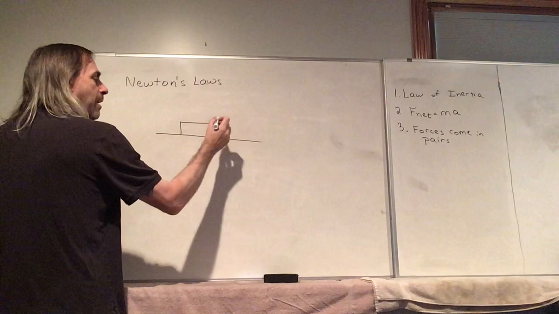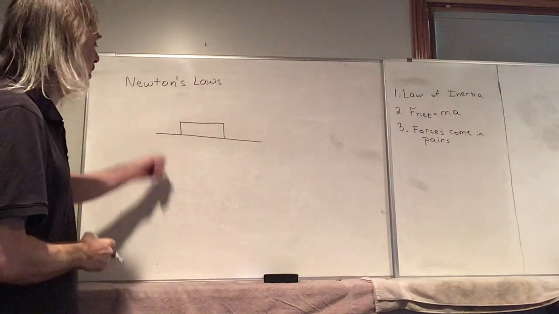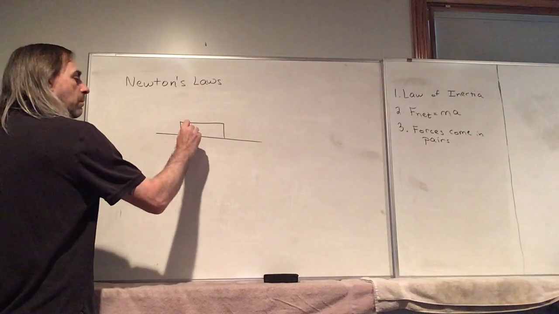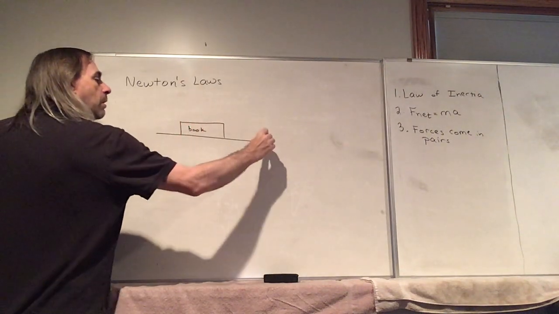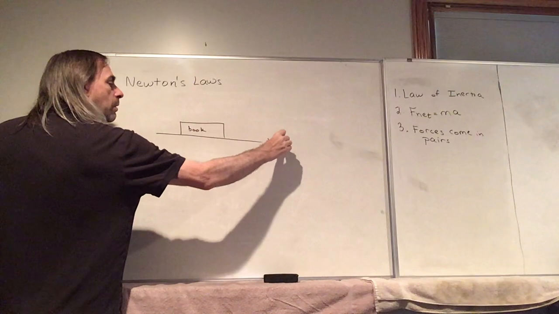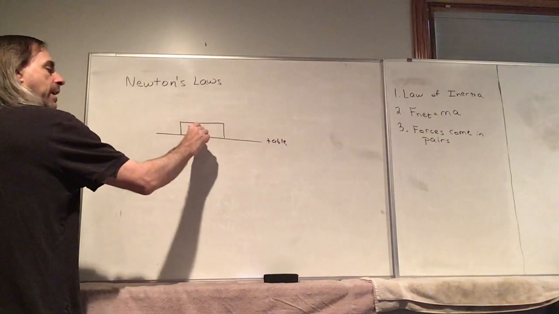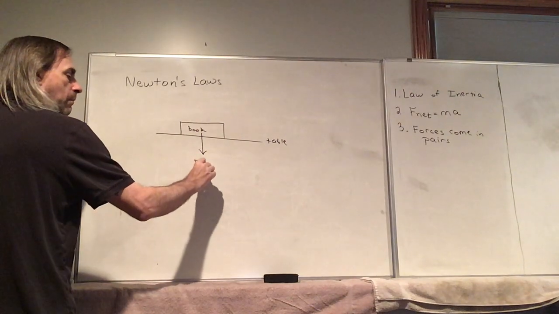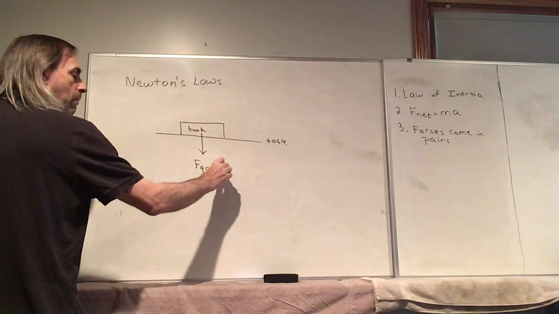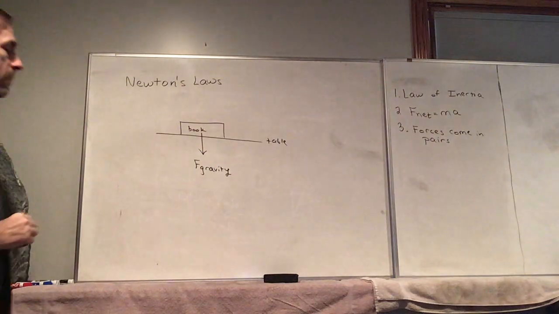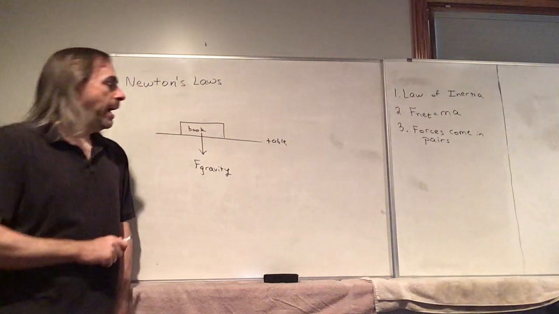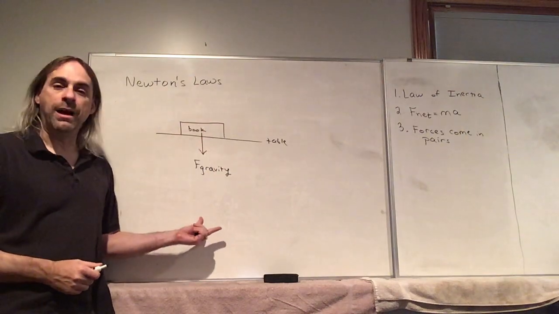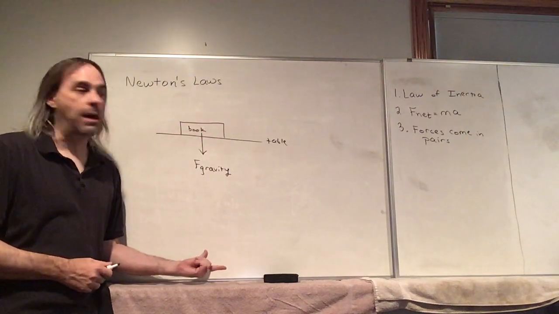Let's say we have an object. Just say this is a book that is resting on a table. So we know there's a force of gravity acting on the book. And if that was all that was going on, if there was gravity pulling down on the book, it's going to accelerate downwards.